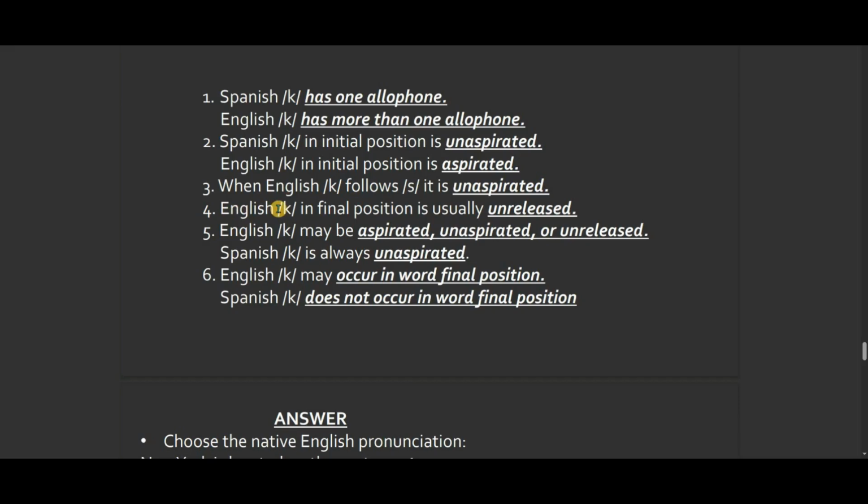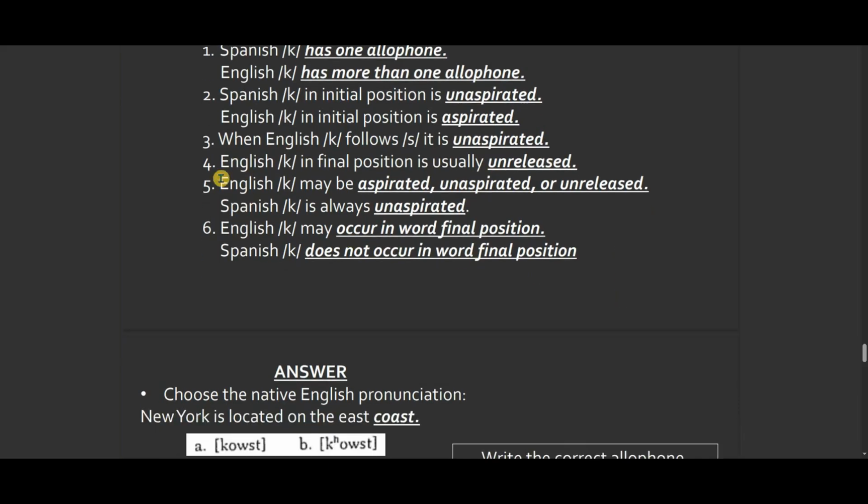Number 4, English K in final position is usually unreleased. Number 5, English K may be aspirated, unaspirated, or unreleased, and the Spanish K sound is always unaspirated. Number 6, English K may occur in word final position, while Spanish K does not occur in word final position.